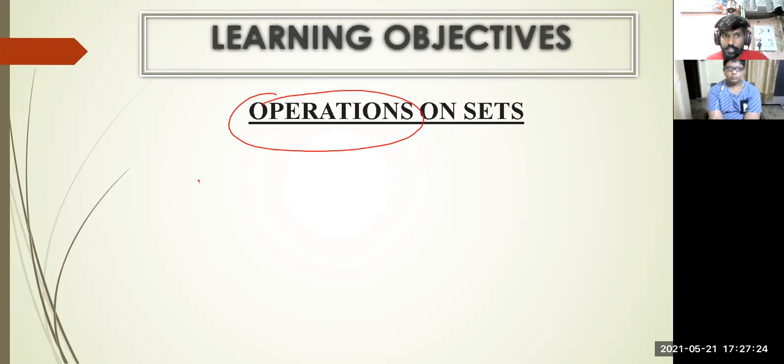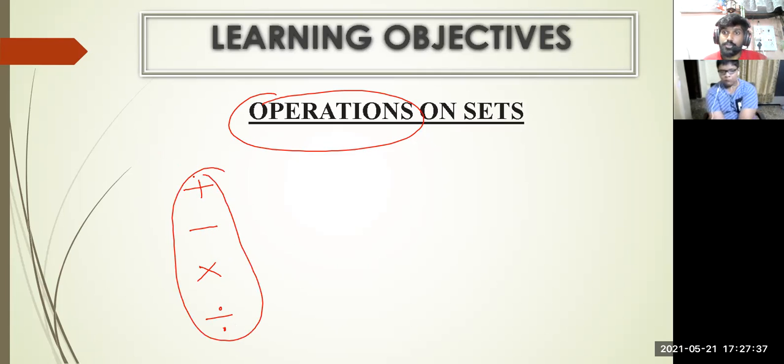Any two numbers you can add, subtract, multiply, and divide. These are the operations you can do on numbers: addition, subtraction, multiplication, division.